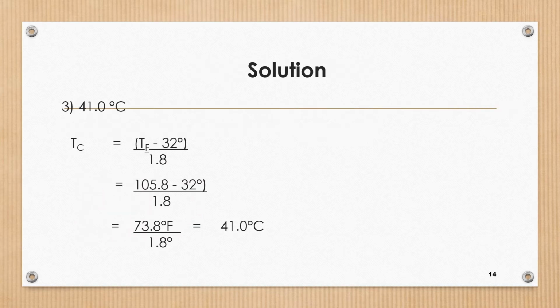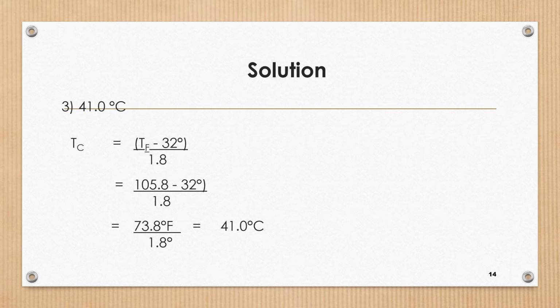All right, so let's find out the solution for finding the temperature scale. The answer is 41.0 degrees Celsius. How? From the given temperature, Fahrenheit minus 32 over 1.8.